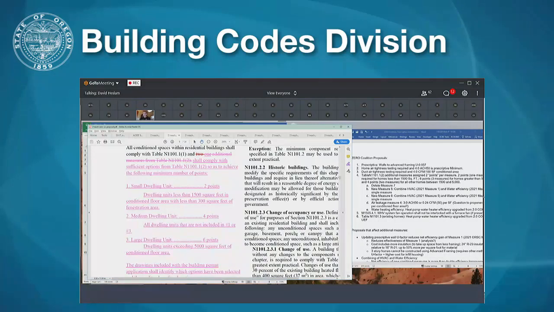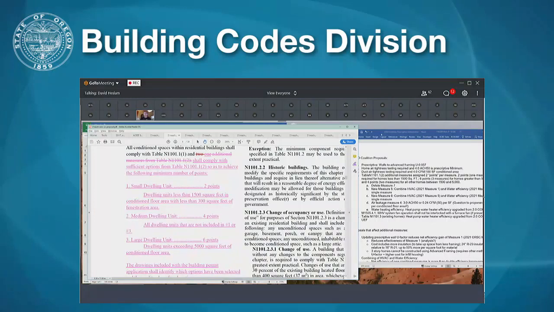So as Shilpa was discussing, we are open to adjusting some of our measures so that measures that we have that are mechanical and water heating could be split, and then instead of requiring 2 measures, the table would require 3 measures.